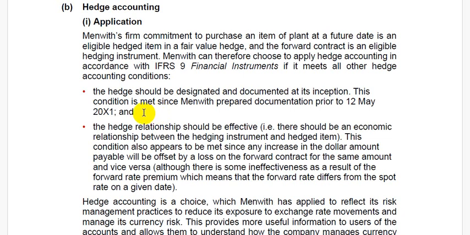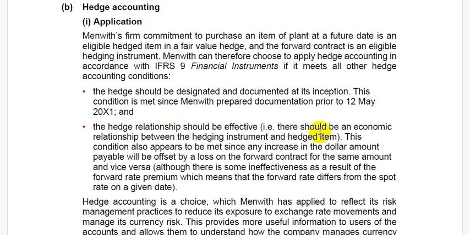So the first condition, the hedge should be designated and documented at its inception. This condition is met since Menwith have prepared documentation prior to 12th May 20x1.